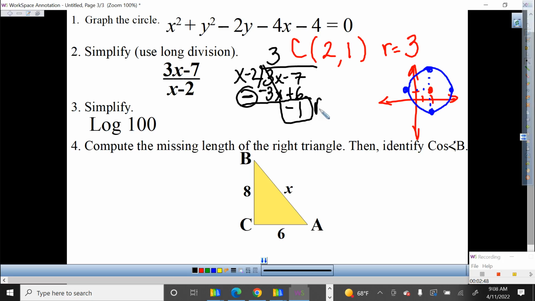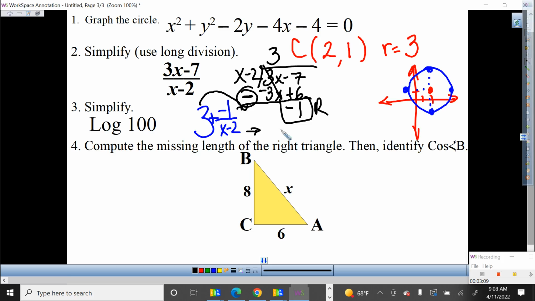So how do we write this? Our answer is 3. I'm going to write 3, and then we have a fraction plus negative 1 over x minus 2. Now, since 3 is a constant, this one goes at the end.